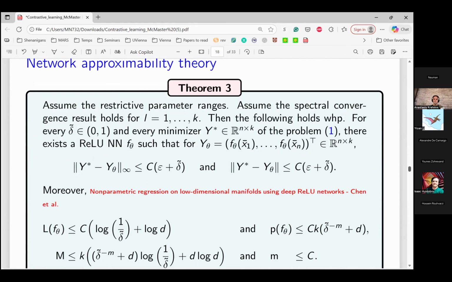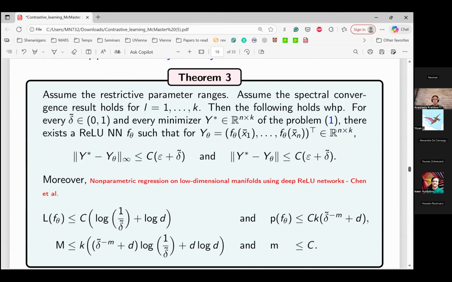But anyway, the moment that we have the spectral consistency, and as I said, the spectrum of the Laplace-Beltrami operator is smooth, so you would be able to have a neural network approximate those smooth functions. So here's the idea. Theorem three concludes everything.